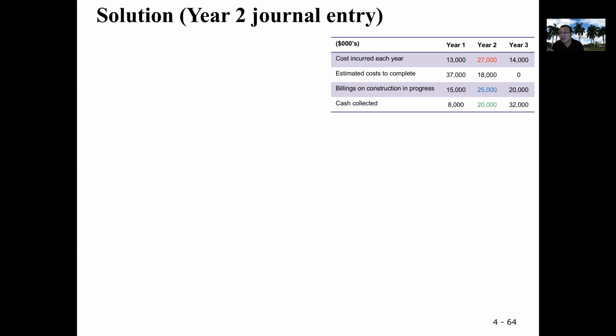So the first one is about the cost, okay? So you recognize construction in progress, you credit cash or accounts payable, and this would be the actual cost for the year. And we are talking about year 2, right? And we know this number is given, 27,000, okay? So this should be a very easy entry.